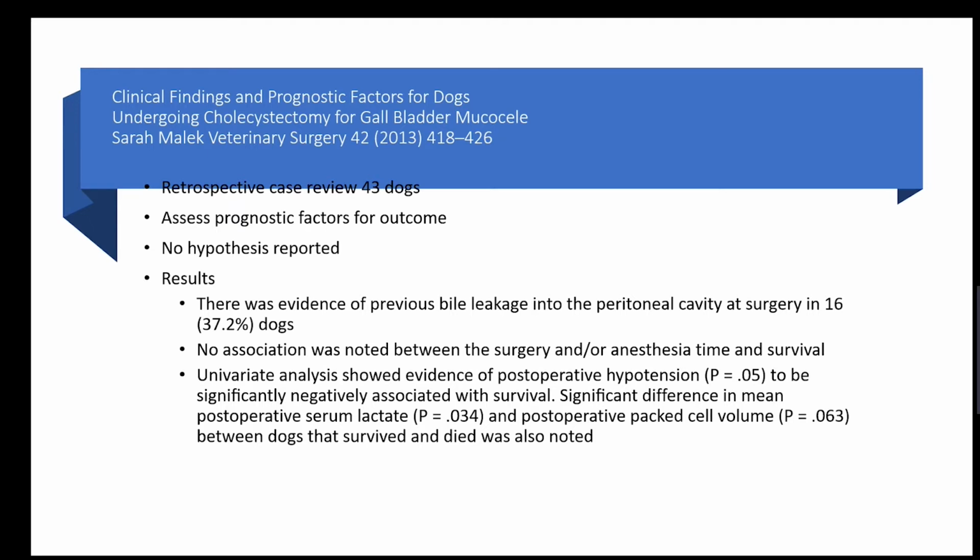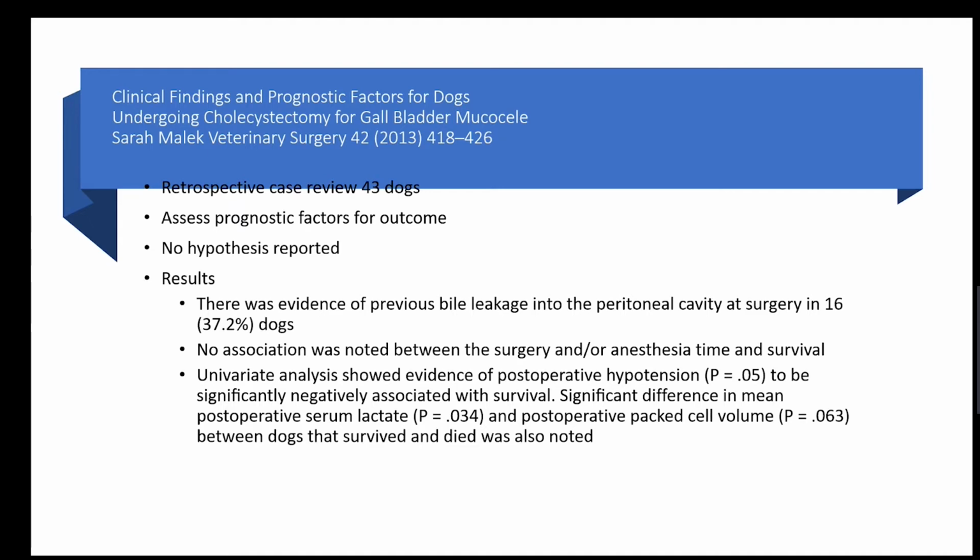They did find that animals that had post-operative hypotension or post-operative changes in their lactate or PCV were less likely to survive than those that had less problem with hypotension or anemia or hyperlactatemia. Again, that's less useful because only post-operative factors were analyzed rather than preoperative factors.